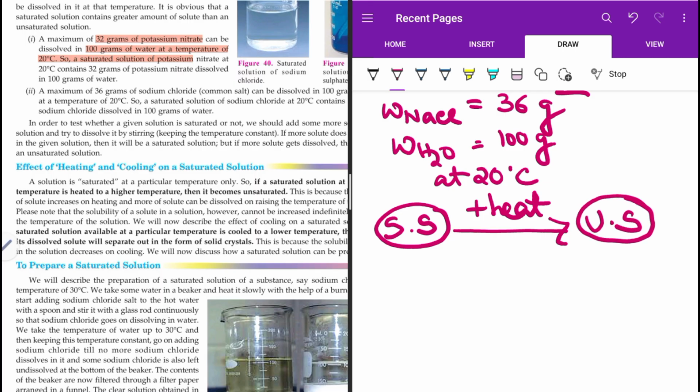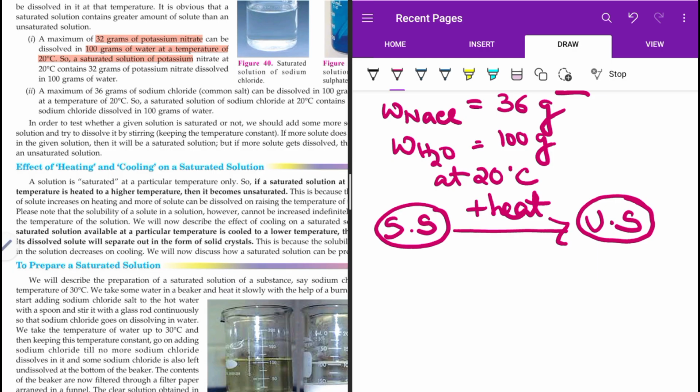Why? Because when I am heating it, it increases the gap between the solvent particles due to the randomness of the solvent particles, and more of the solute can be dissolved in a fixed volume of the solvent when I increase the temperature.